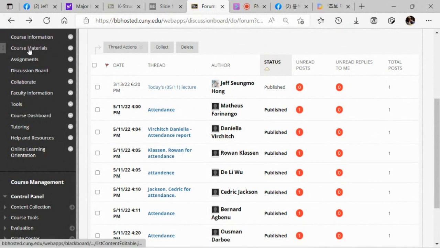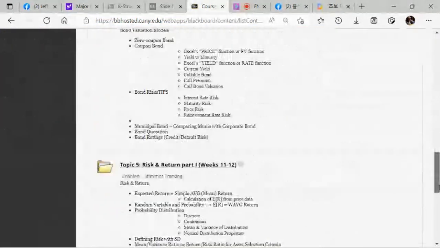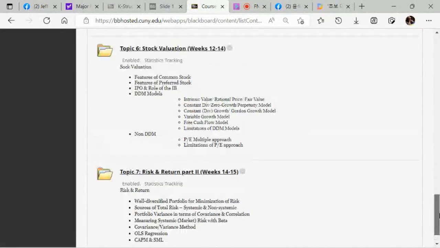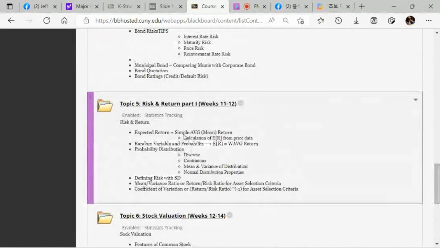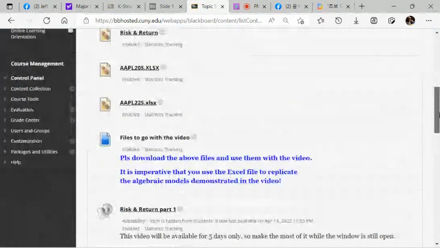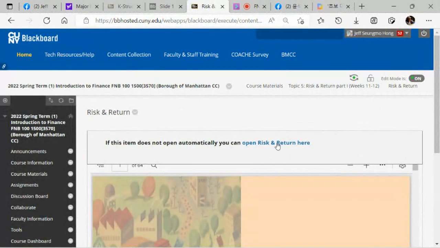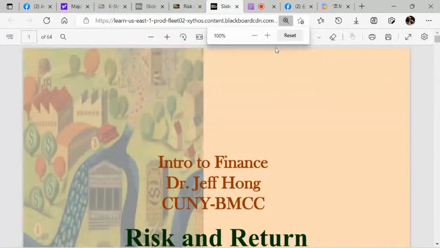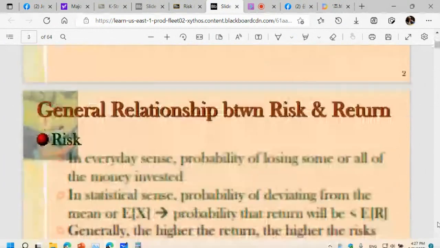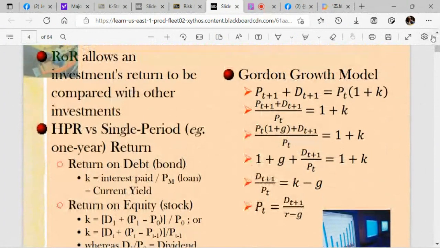I think I have that in, do I have it in here? Not in, somehow I put it in here somehow. Okay, I don't know why I put Gordon growth model here.